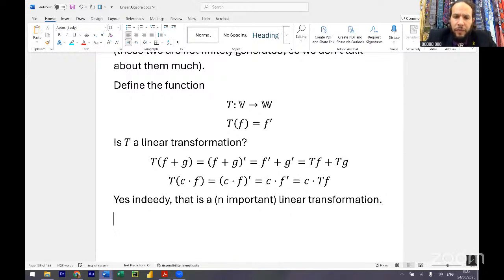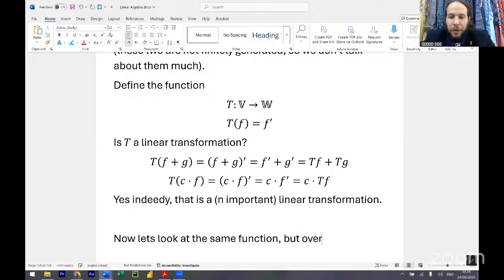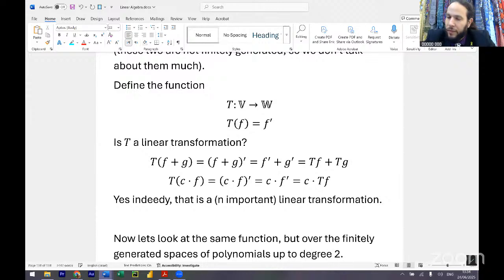Now, let's look at the same function, but over the finitely generated spaces of polynomials up to degree 2.